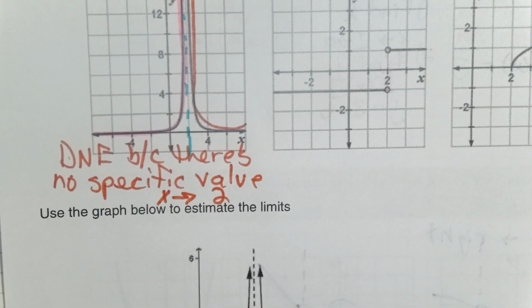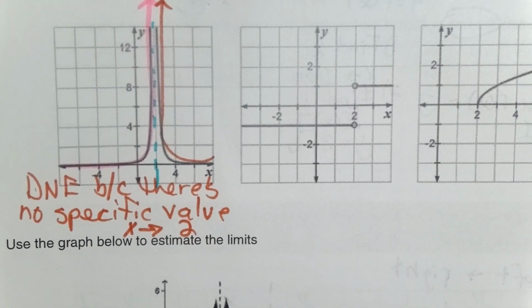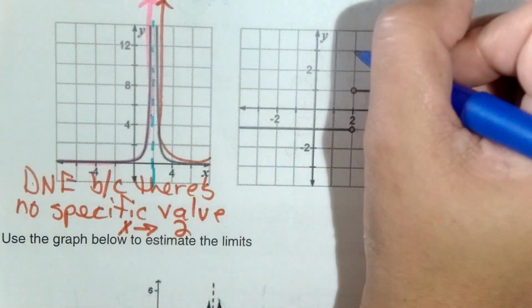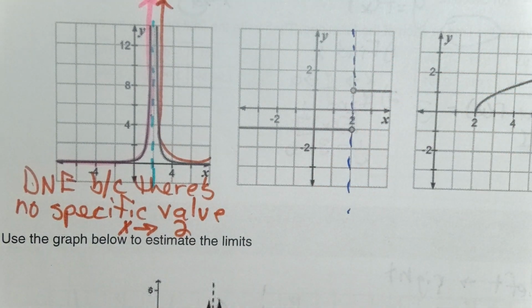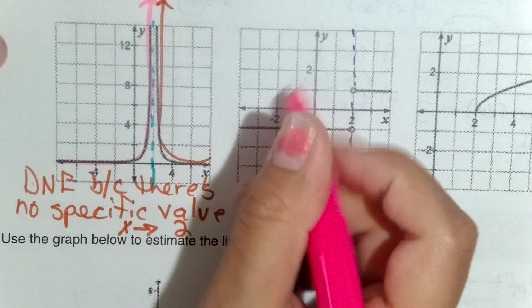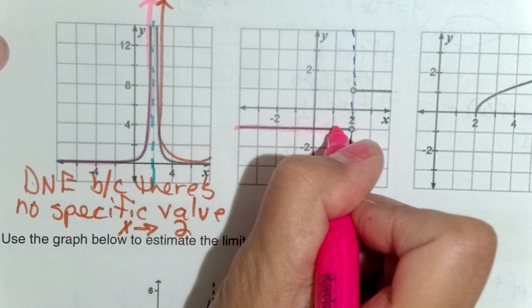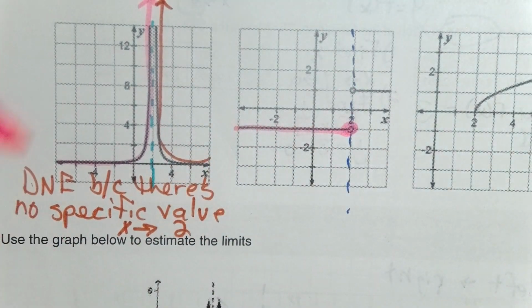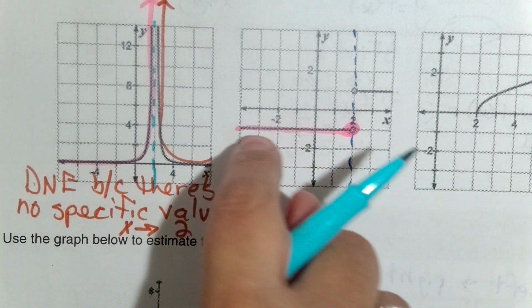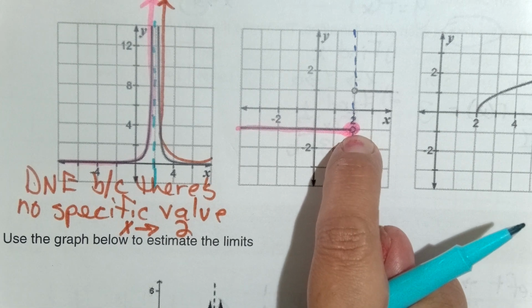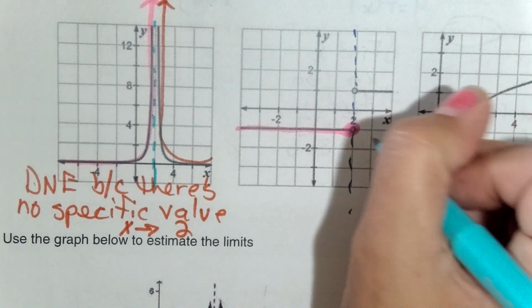Can I go to the next one? All right. So let's look at the second one. Again, we're looking at positive 2. I'm going to go to the left and circle where that number is. What is the value there? What is the y value that this gets closer to? -1.